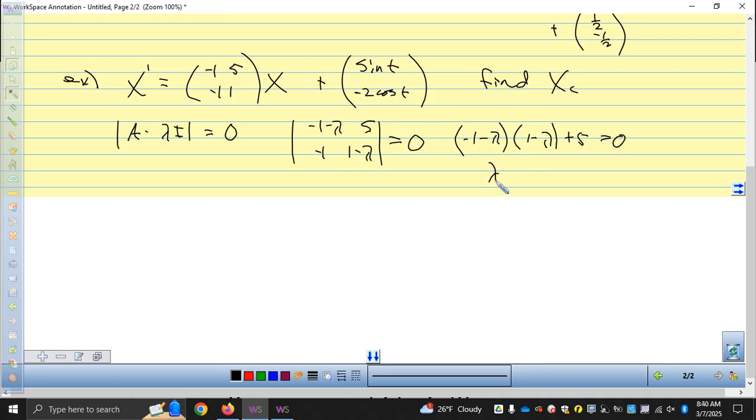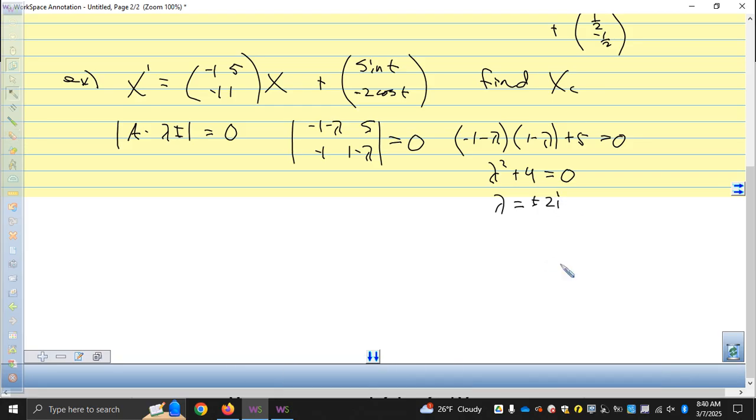This gives us lambda squared plus 4 equals 0. So lambda equals plus or minus 2i.